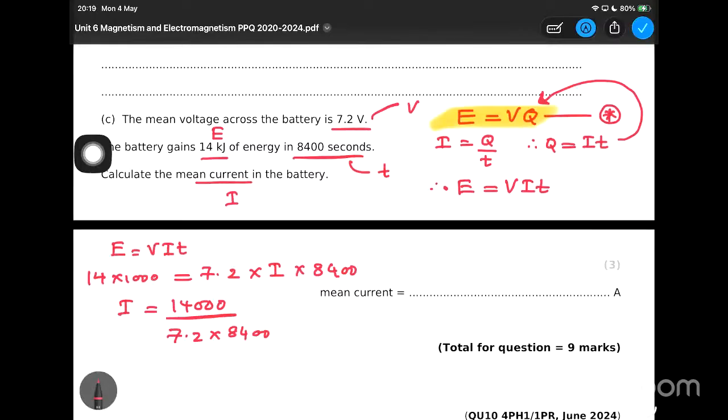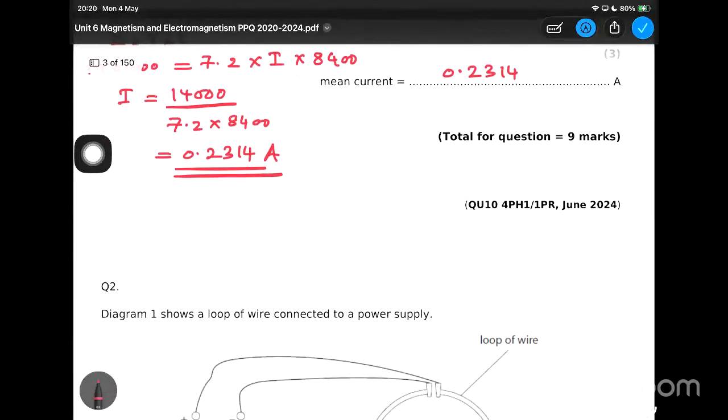I'm getting an answer of something like 0.2314 amperes. Just confirm the answer, 0.23148 or something like that. Yes, is it the answer? Yes, I got the same answer. Yeah, good, great. So that is how the question concludes.